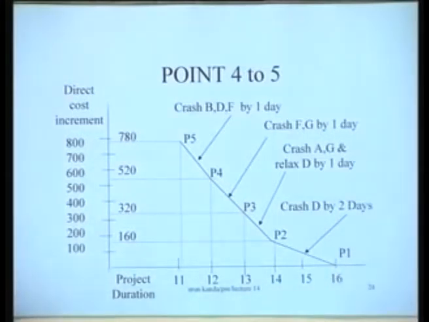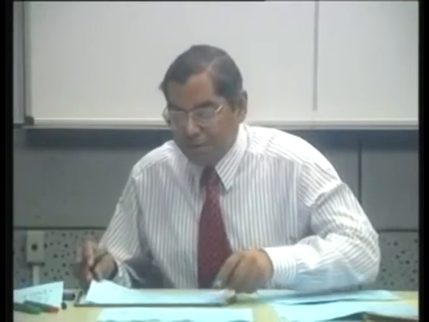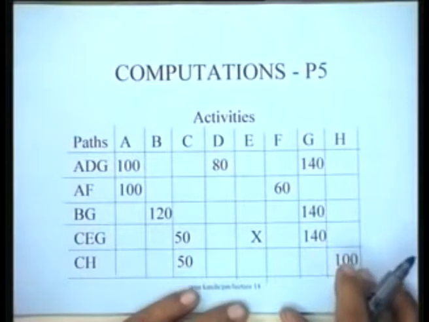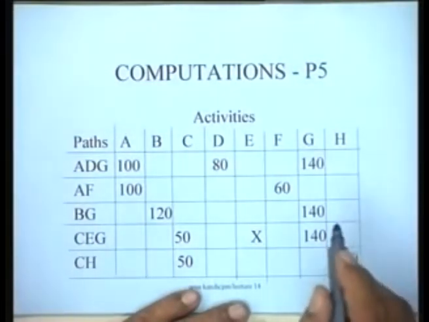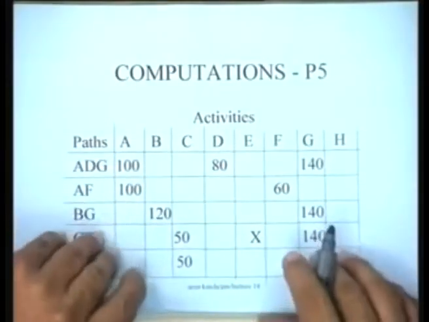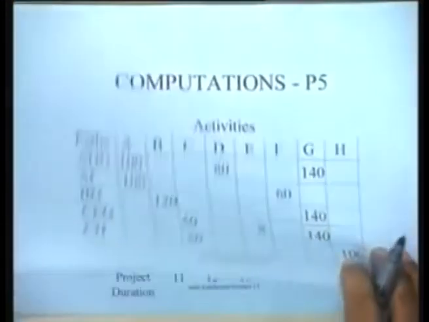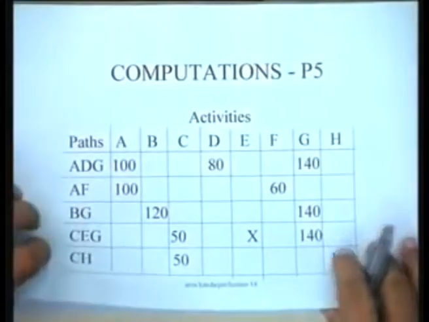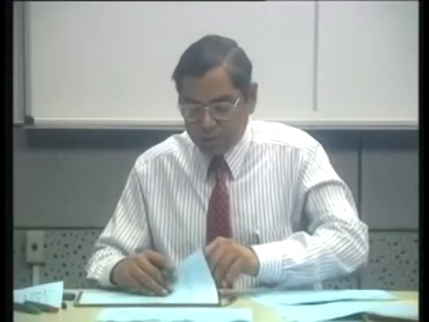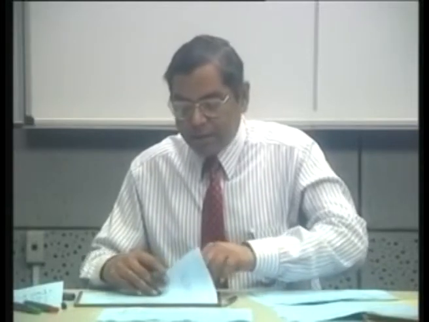Let us now try to see what is the status at P5. When you see P5, what we had done was D, F and B, these are the various values that we had tried to reduce. And let's see here.